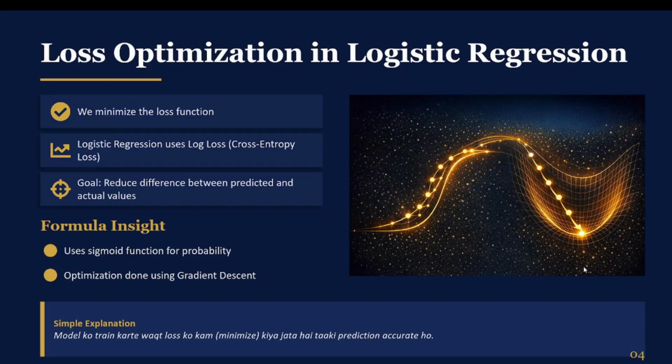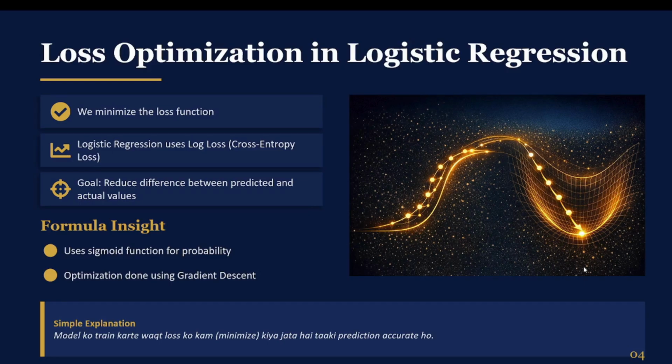To make these predictions, logistic regression uses the sigmoid function, which takes any real valued input and squashes it into a probability value between 0 and 1. So when you pass your input features through the model, it produces a probability score. Say 0.85, which means the model is 85% confident the example belongs to class 1.